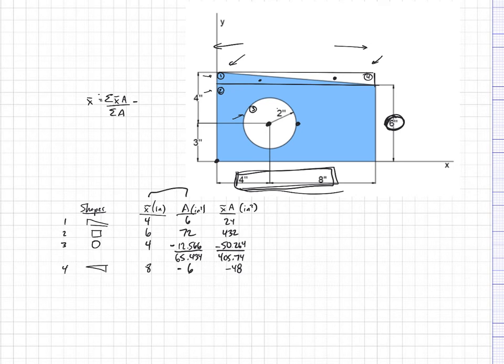Okay, so up here for my x bar, I would get 405.74 inches cubed divided by 65.434. So x bar equals 6.2008 inches. Okay, an awful lot of sig figs. Sometimes I'll actually put this in this chart, and every one of them will share the global centroid, but I'm not going to do that right now.